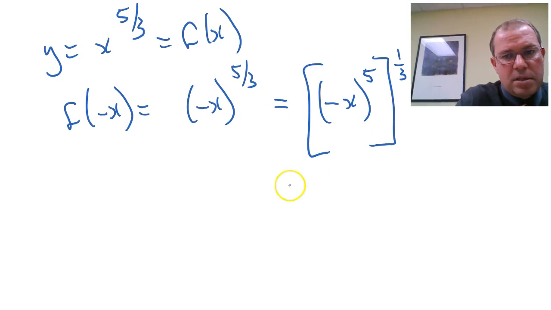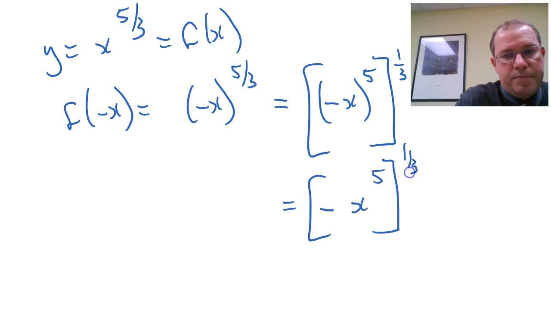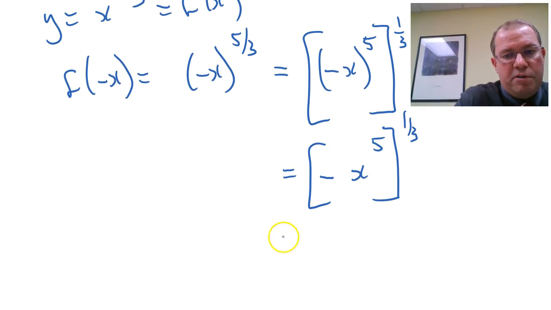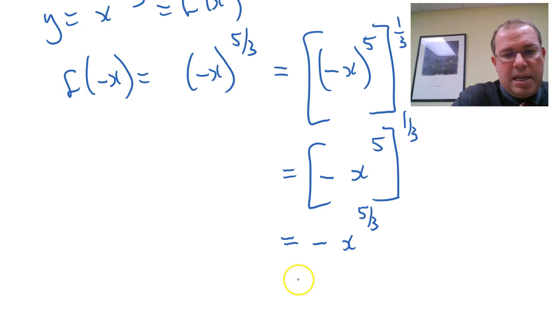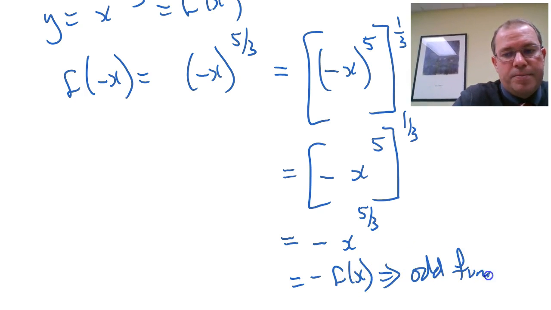So (-x) to the power 5 is -x to the power 5, or cube root. And then the cube root of -1 is -1. So I can rewrite this as -x^(5/3). So what we've shown there is f(-x) equals -f(x). So it is in fact an odd function.